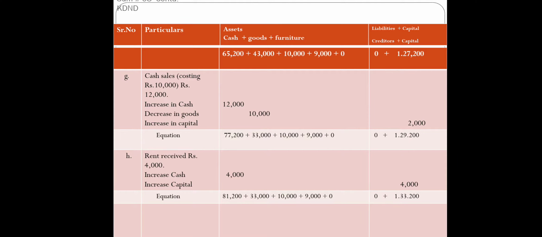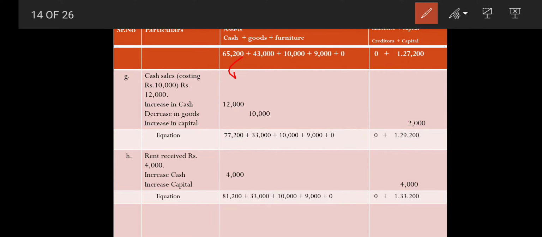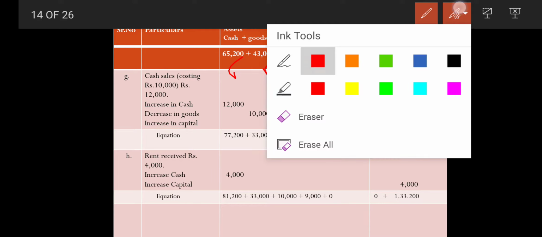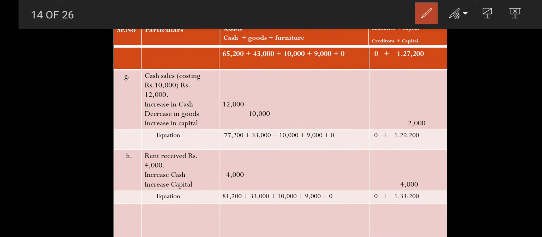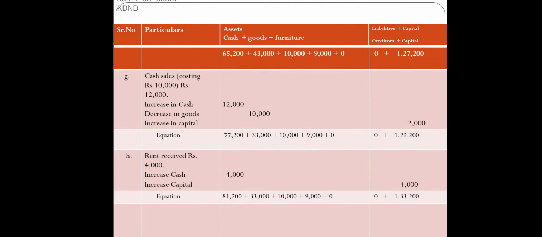So you can see here, finally 74,900 minus 9,700 will give you 65,200, right? At the same time, 43,000 as it is, 10,000 as it is, 9,000 as it is, and 0 as it is. But here creditors is reduced by 10,000, and your equation of capital will also reduce by rupees 300 because we had minus over there.